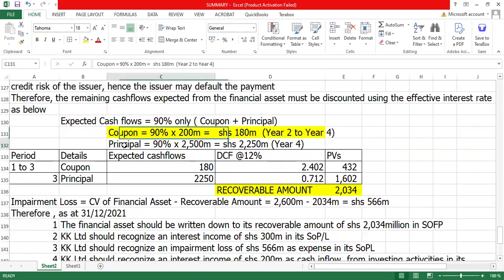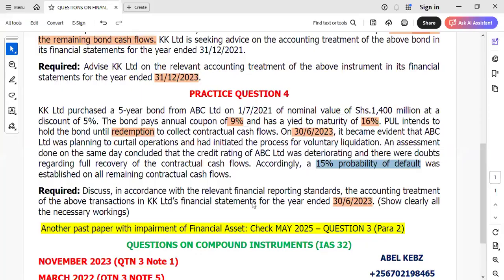Then what do you expect to recover as principal? It will be 85% times the nominal value. Don't remove the discount. Discount only affects what you put under balance brought down. As you determine the coupon, you rely on 1.4 billion. Also, this will be your principal amount.